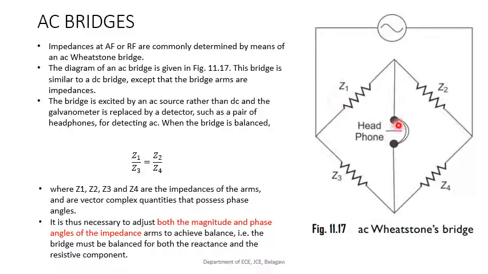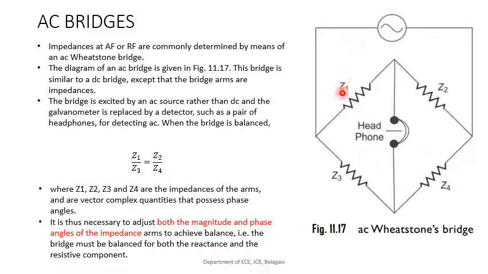And here instead of the galvanometer you have a headphone, or something that can detect an AC signal. That is replaced, and instead of using a battery you have an AC supply. So these differences you have to understand.